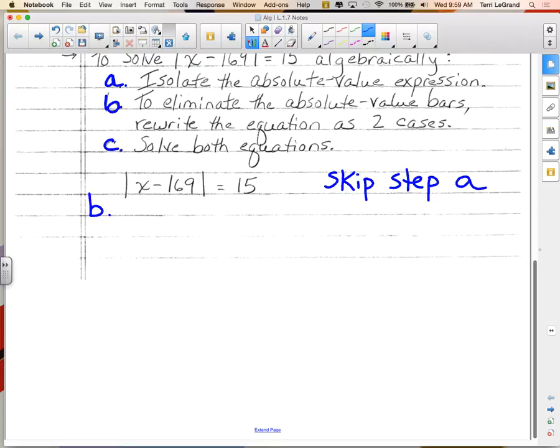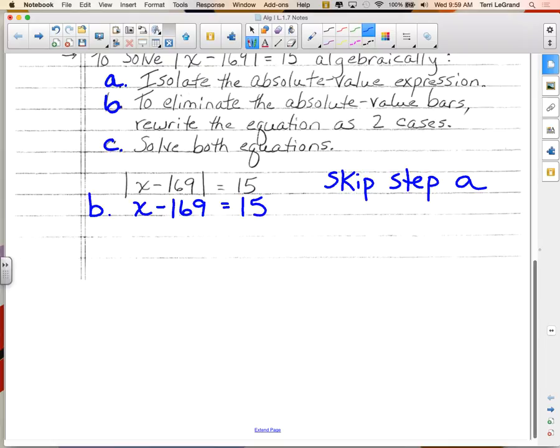In step B, you're going to eliminate those absolute value bars and you're going to rewrite the equation as two cases. In other words, what two numbers have a distance of 15? 15 and negative 15. So we're going to take the expression that was inside the absolute value bars. This is what's supposed to have a distance of 15.